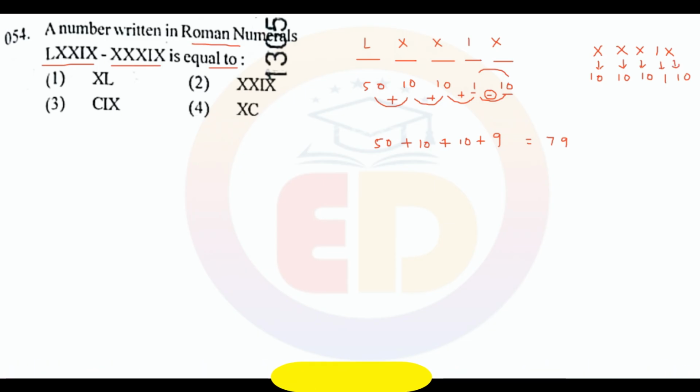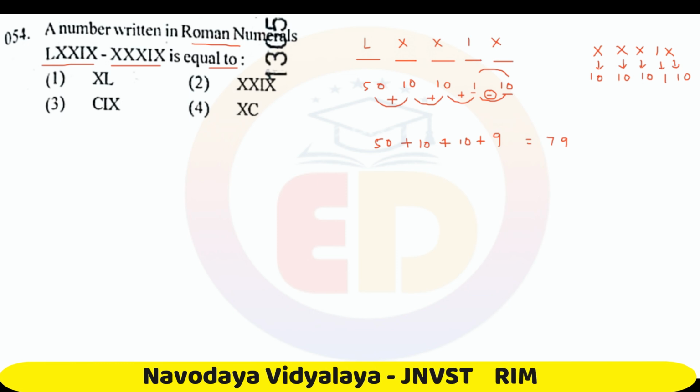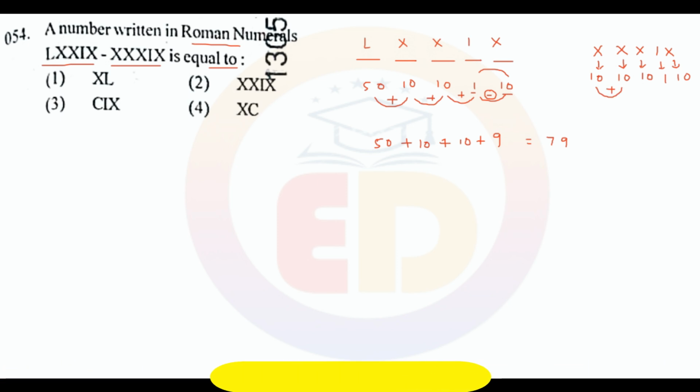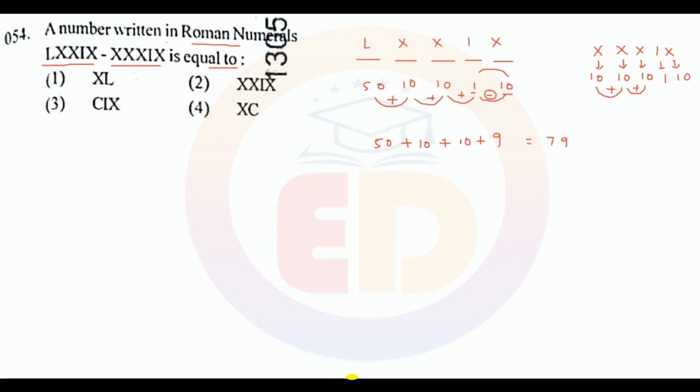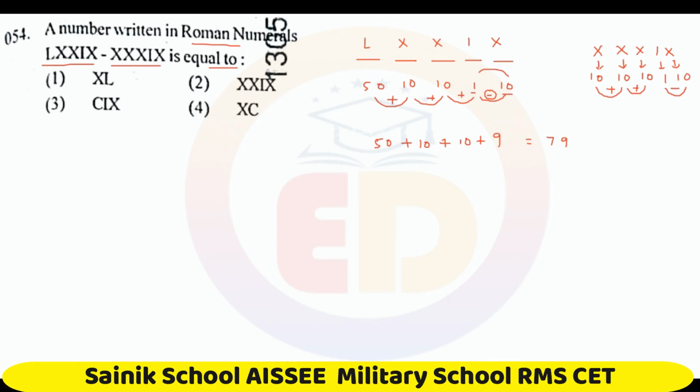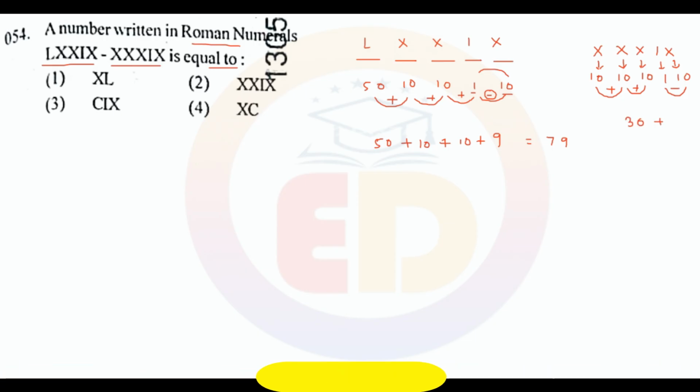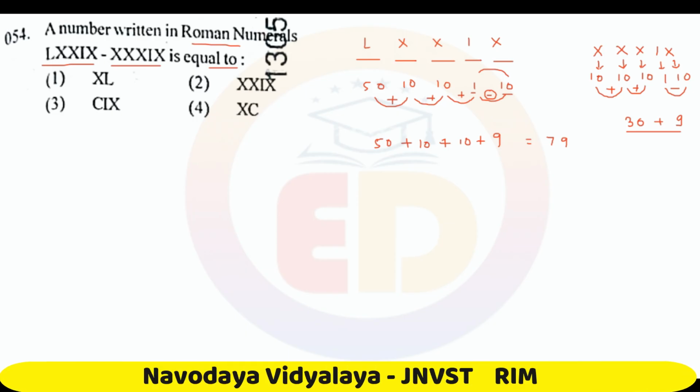I've drawn the arrows to figure it out. Now, 10, again 10, it will be added, and again 10, it will be added. So 10 plus 10 plus 10 is 30, but here this 1 and 10 will be subtracted, so this will be 9. 30 plus 9, the value is 39.